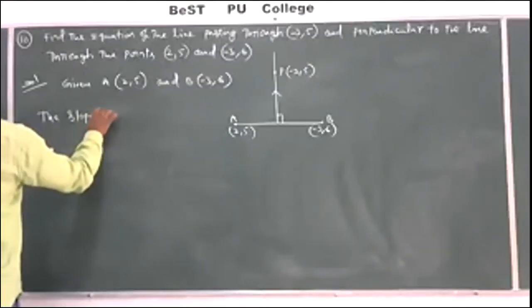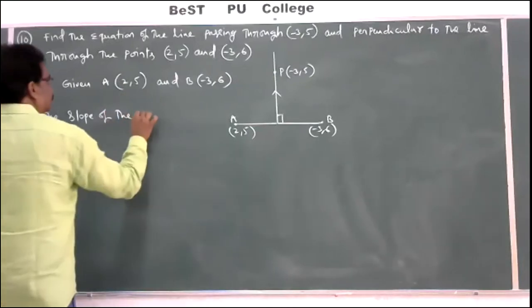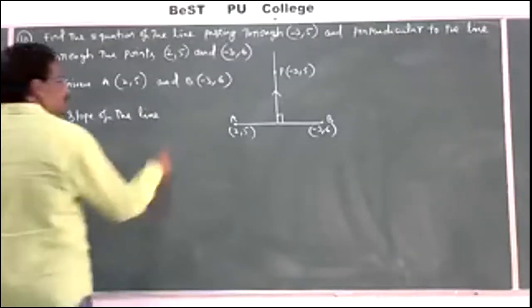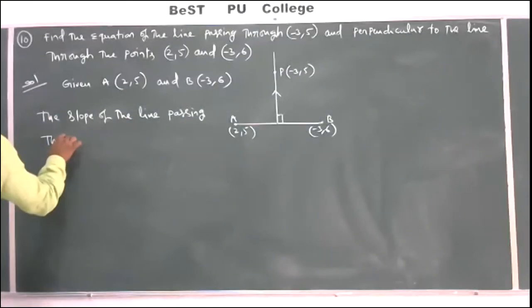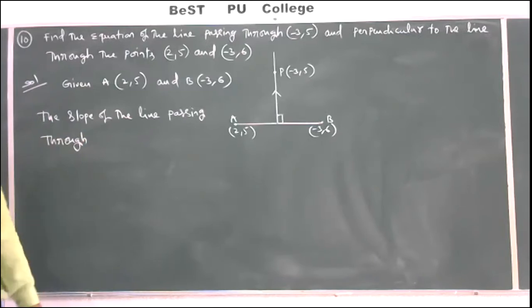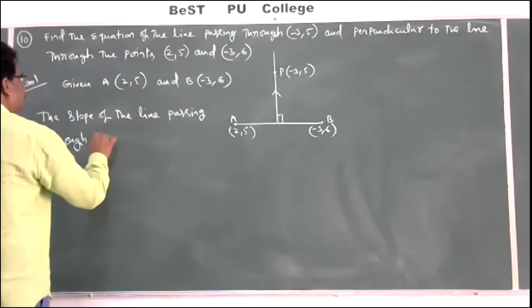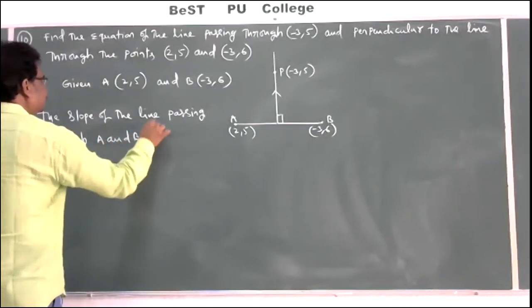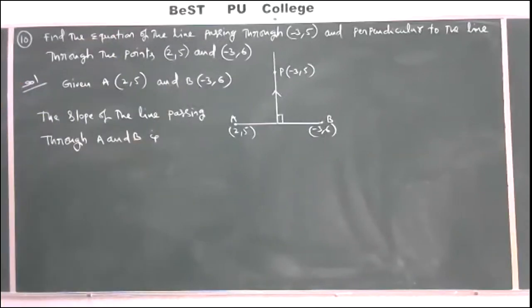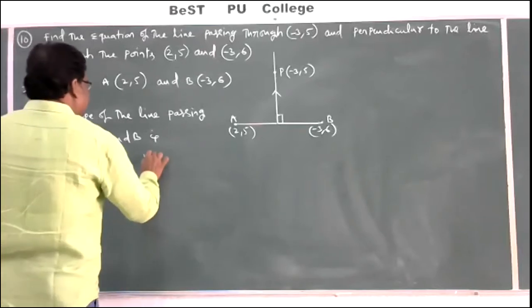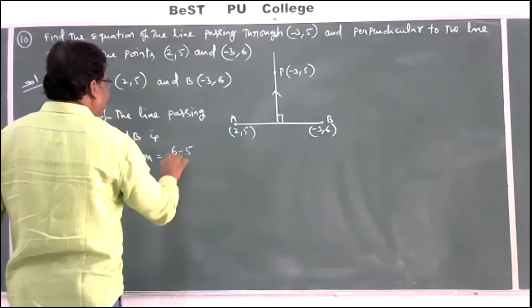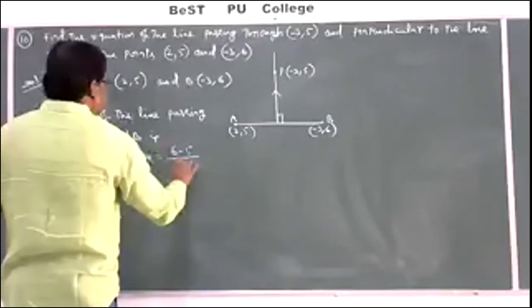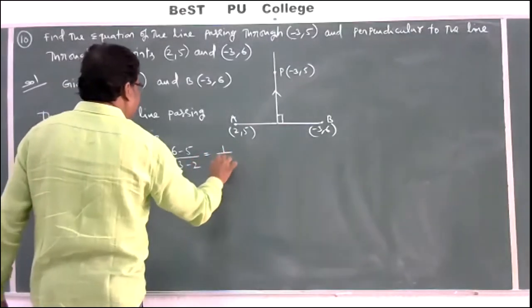The slope of the line passing through A and B is M equal to, applying the formula, y2 minus y1 over x2 minus x1, that is 6 minus 5 by minus 3 minus 2, that is 1 by minus 5.